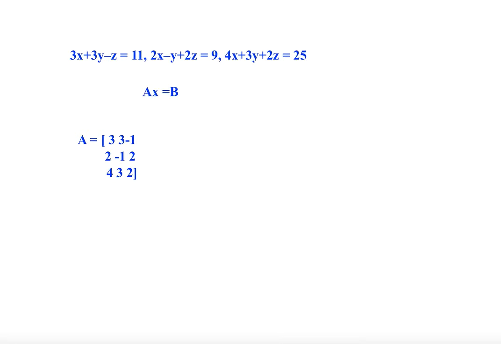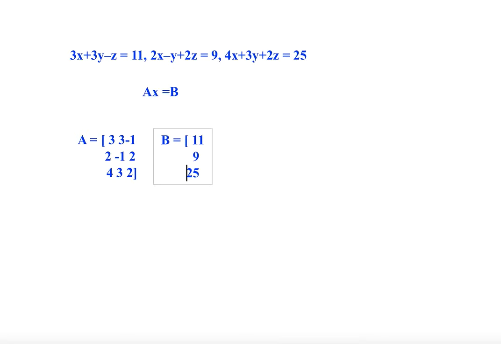Now we need to find the B matrix. The B matrix is a column matrix. B equals the first equation 11, second equation 9, third equation 25.